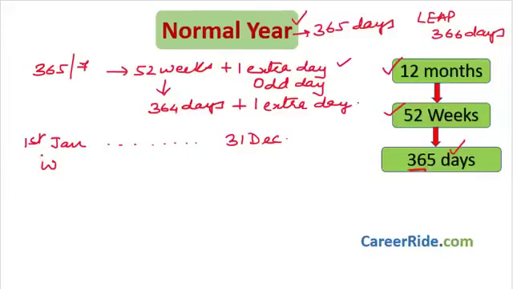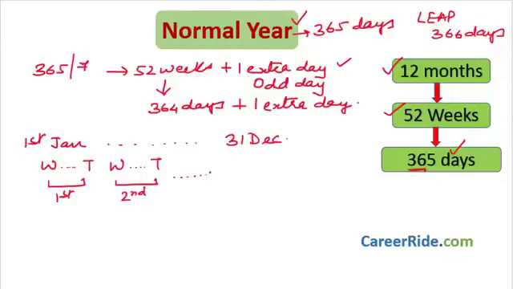Okay. So what information do I have here? I know that the week begins on Wednesday. So it means the 7 days get over on Tuesday, and this is where the first week gets over, right? So my second week starts on Wednesday and it again gets over on Tuesday, right? So this becomes my second week.